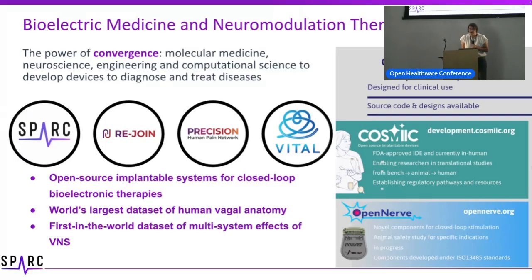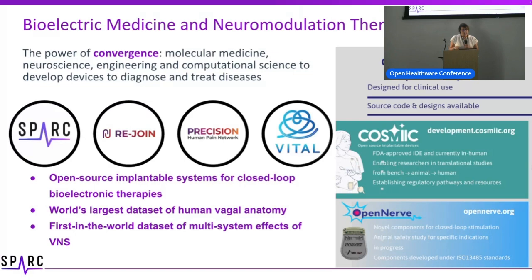The way that we're also informing that is with first-in-world data sets of multi-system effects of vagus nerve stimulation. Vagus nerve stimulation is used for a lot of different applications, including epilepsy, drug-resistant depression, gastrointestinal applications as well, like Crohn's disease.